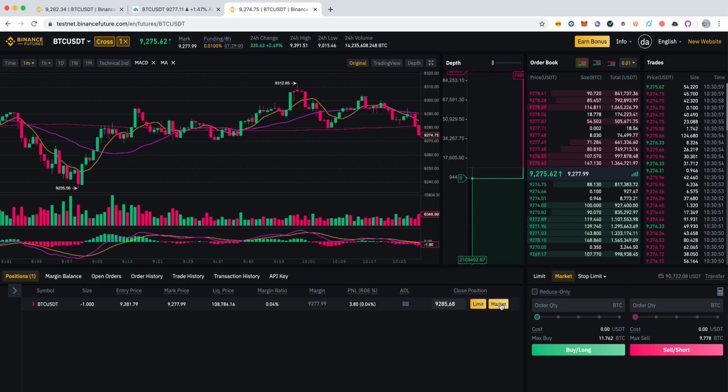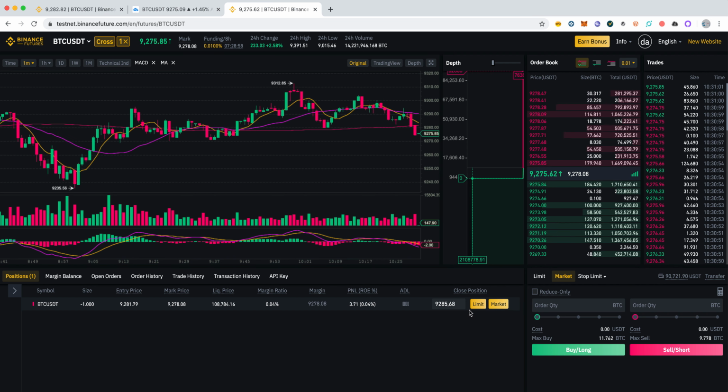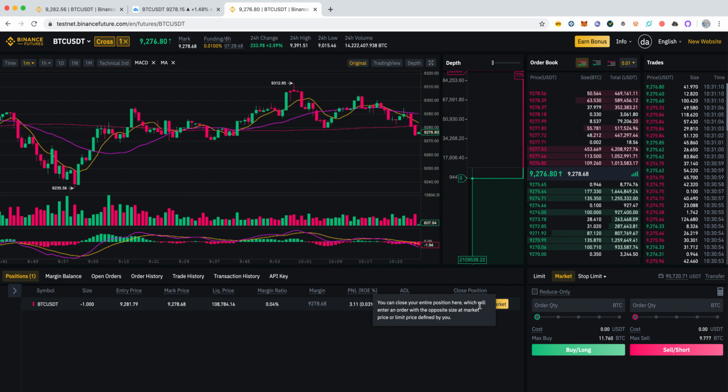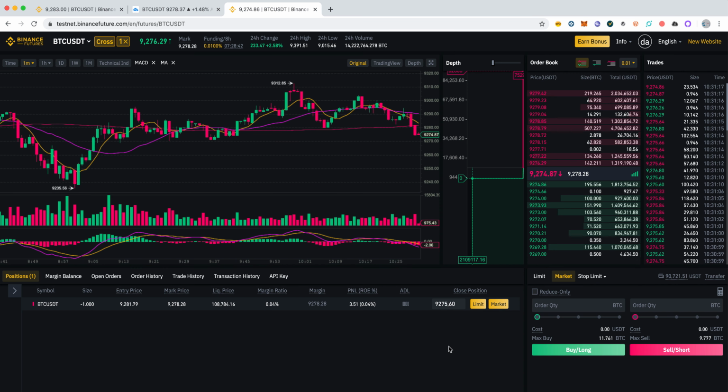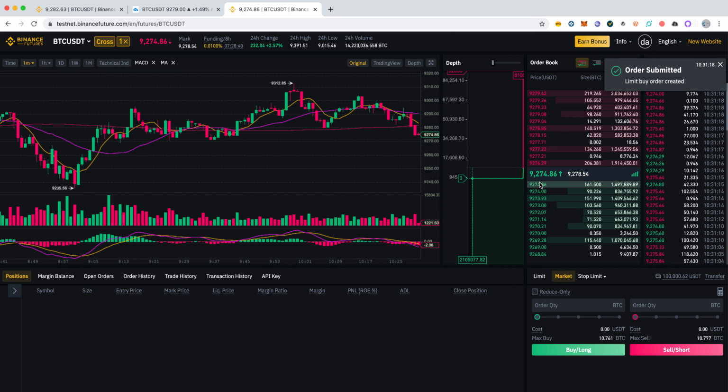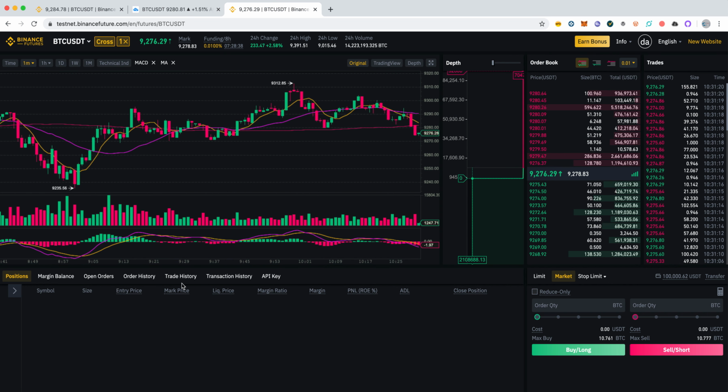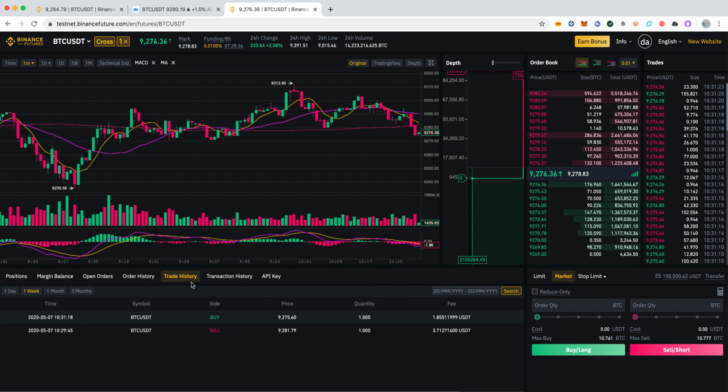For example, let's say a buy is triggered. I will set a buy order to close this position. We've set this price limit. Buy again, and that's it. The order has been filled.